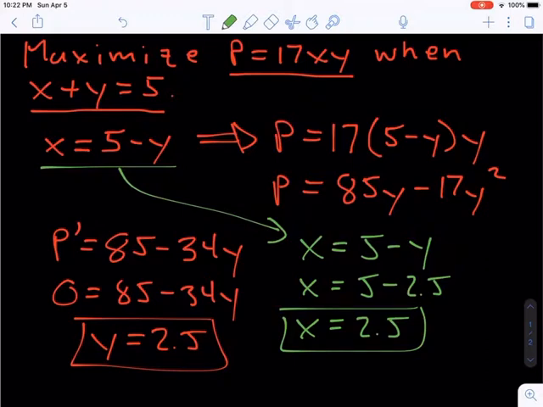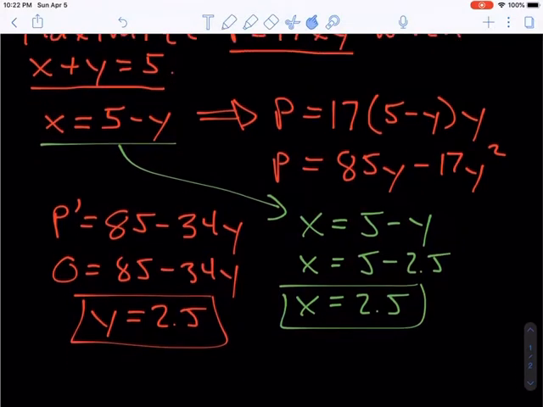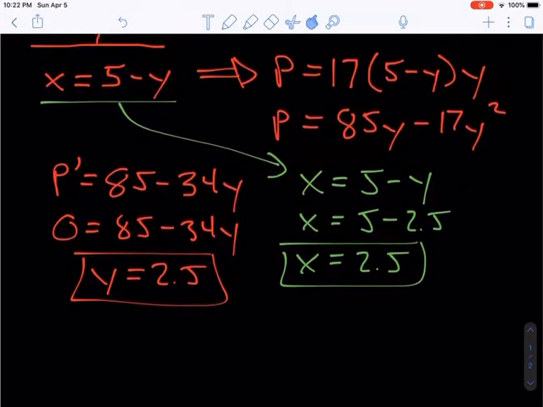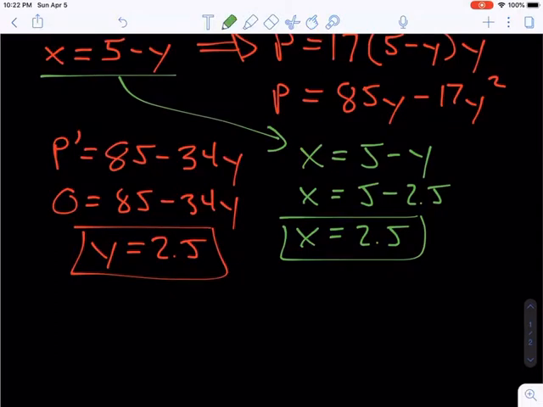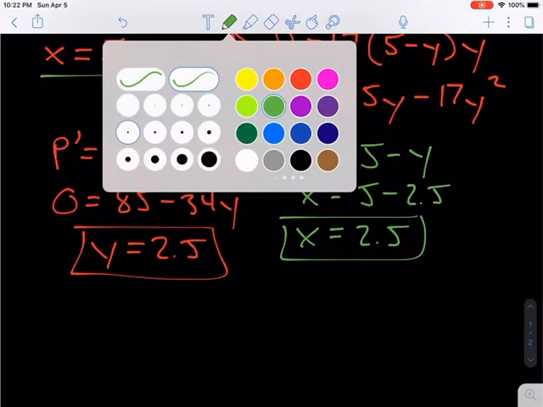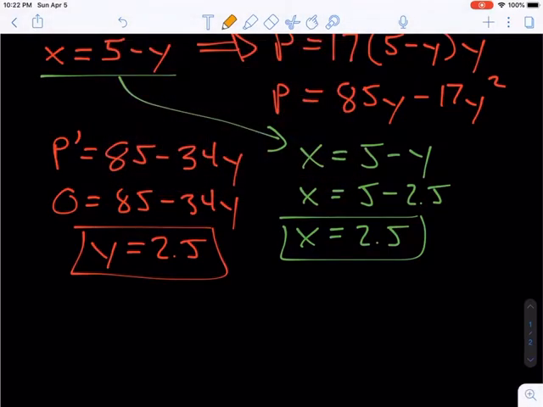The last thing that we need to do is to find p. And so to find p, we want to take the objective function, p equals 17xy, and substitute in the values of x and y.